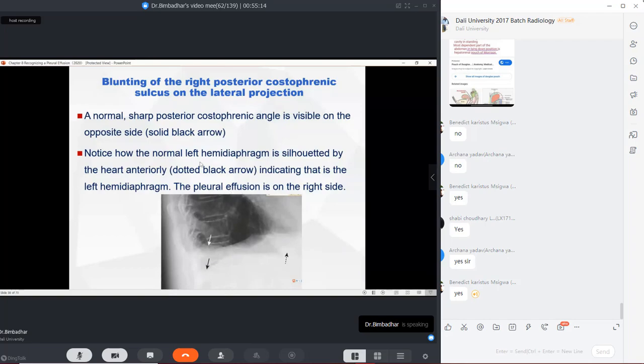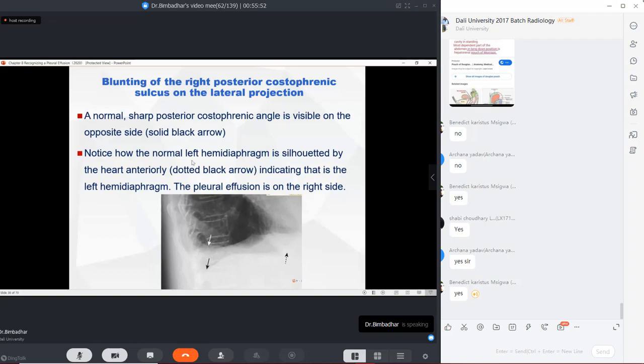There is a sharp posterior costophrenic angle on one side, you can see here, and there is a blunting around this place. Both of them indicate that the effusion is present on the right side. One is the silhouette sign, the other, the left one, is clear, and here it is present on the right. So these three signs indicate that the effusion is on the right side.